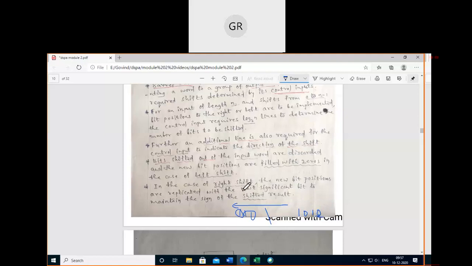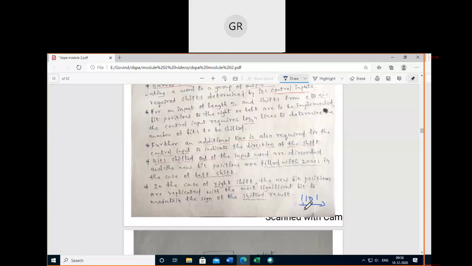In the case of right shift, the new bit positions are replicated with the most significant bit to maintain the sign of the shifted result. For example, consider the same 1 1 0 1, shifted right.